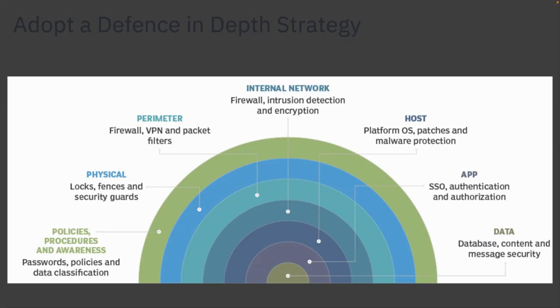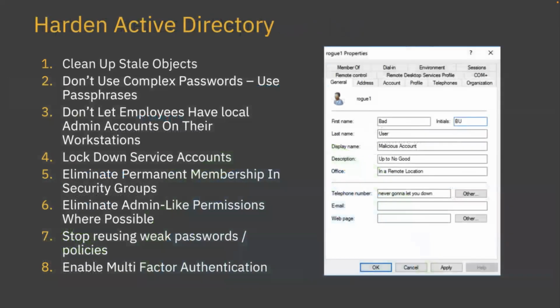Things like Defender, making sure that you've got antivirus, anti-malware, and it's all up to date. The apps as well, make sure the apps use single sign-on. Make sure they're OAuth-based apps, not just apps that are relying on passwords. And of course, make sure that your data is fundamentally secure.